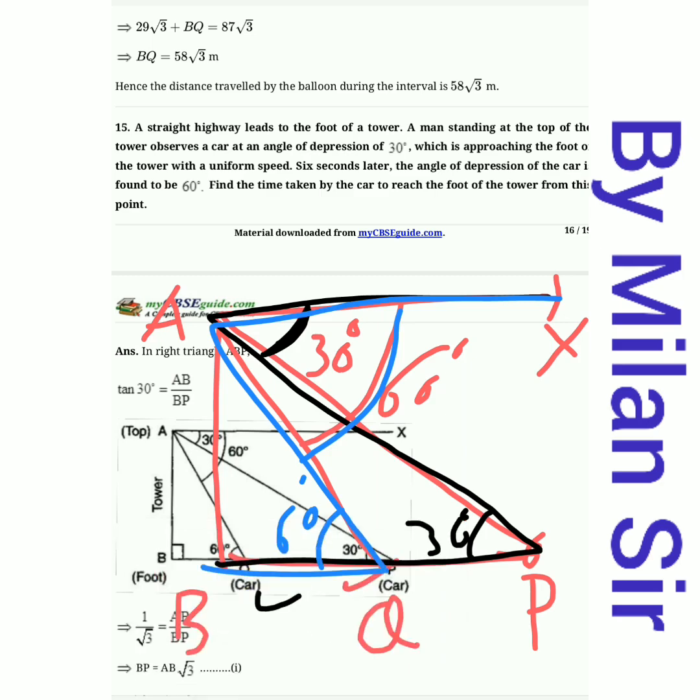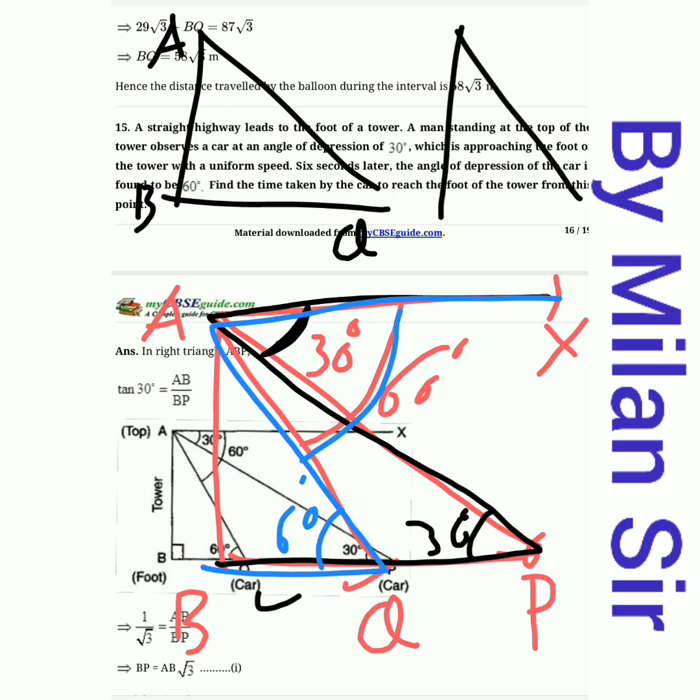First one is ABQ, and the second one is ABP. Here it is 60 degrees, here 30 degrees. Now here BQ and BP are both distances. Right? BQ and BP are both distances.